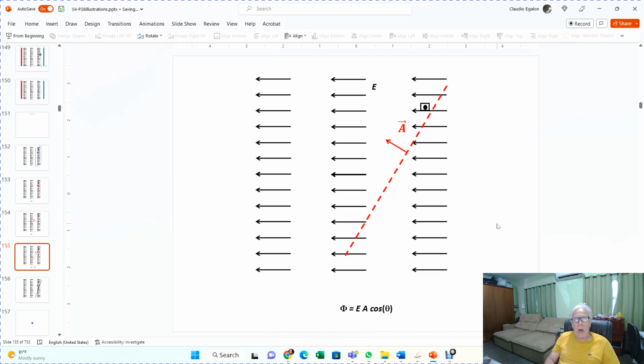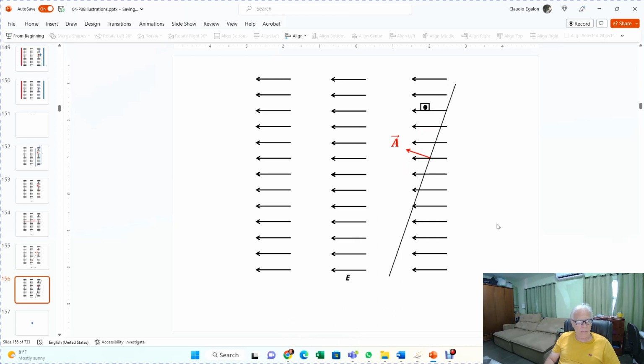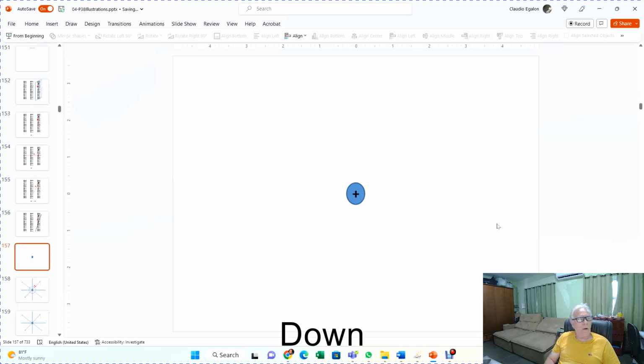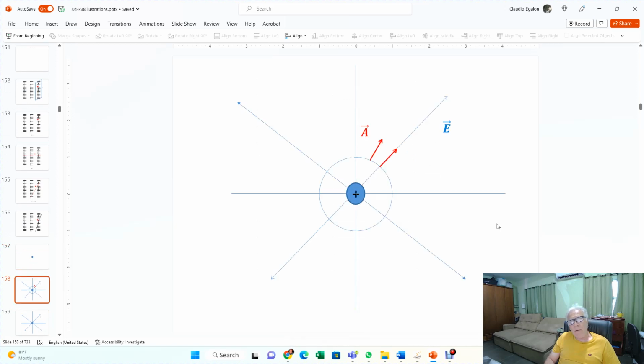But that's not Gauss's law yet. Gauss's law involves a closed surface. Okay? So let's see how a closed surface comes about. For the case of a point charge, you can come up with this closed surface, which would be a sphere, an imaginary closed surface.